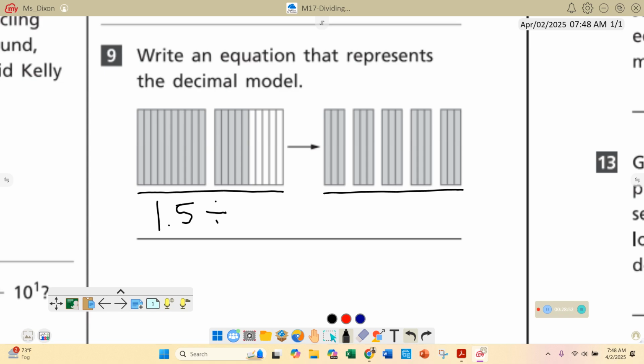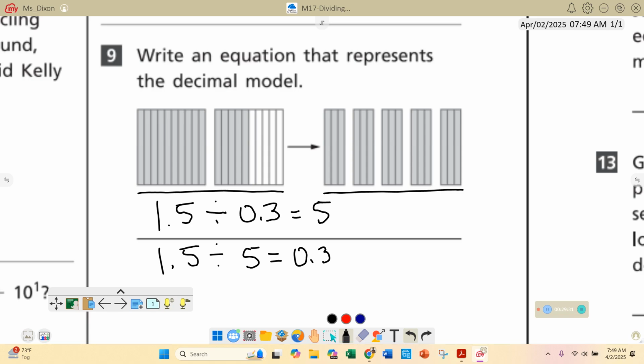So that can either be 3/10, because it's 3/10 and they're separated into 5 groups. You can also say that it is 5 groups of 3/10. Both equations are valid.